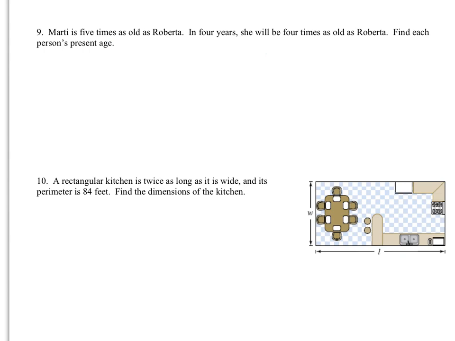This next one is always a good one. It says Marty is 5 times as old as Roberta. In 4 years, she will be 4 times as old as Roberta. Find each person's present age. So we need the age for each of them. I'll let X equal Marty's age, and Y will be Roberta's age.